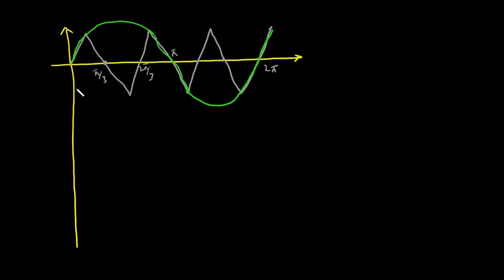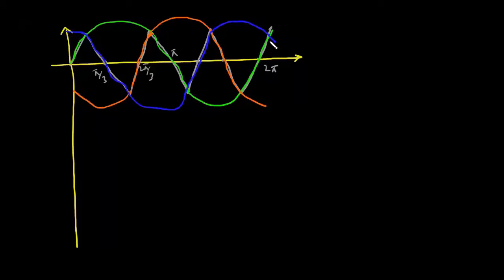Similarly, draw VBN. This is VBN. Now we need to draw VCN. I have drawn the three-phase AC waveform up to 2 pi by 3. So this will be 4 pi by 3 and this is 5 pi by 3. So this is the three-phase AC voltage waveform.